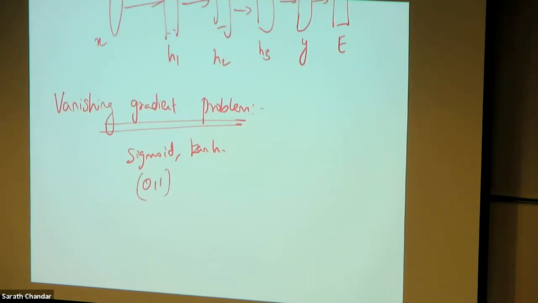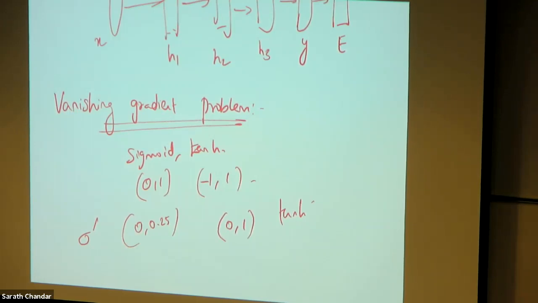What is the range of tanh? Minus 1 to 1. Now, when you differentiate these functions, their ranges are going to shrink further. So sigma dash is going to be between 0 and 0.25. Now tanh dash is going to be from 0 to 1.